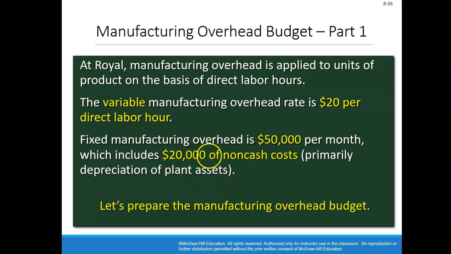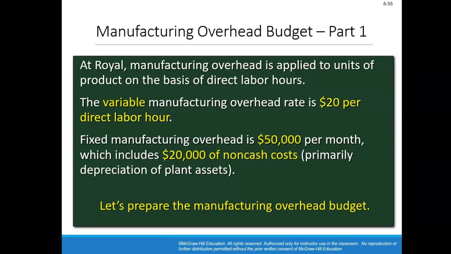Now, the fixed overhead cost is $50,000 per month, which includes $20,000 of non-cash costs, which is called depreciation. So just a little background, depreciation is an expense, but it's a non-cash expense because we do not spend money when you're recognizing what's known as depreciation.